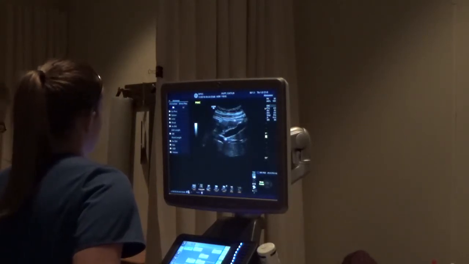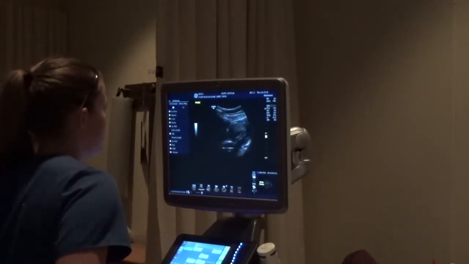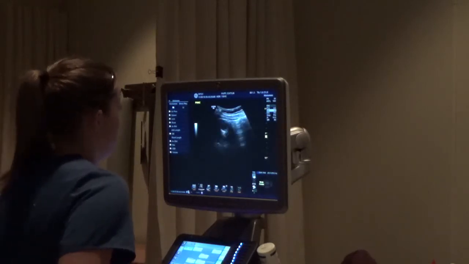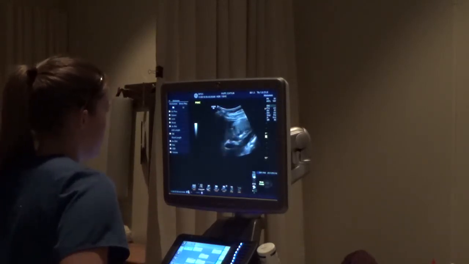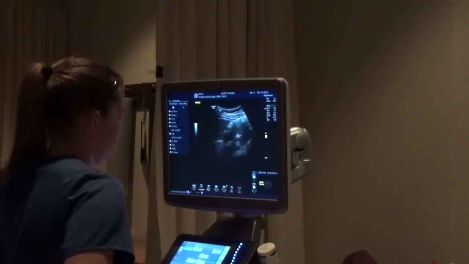Okay. So let's do the common bile duct and just measure that for us, and then store an image of that. Alright, take a big breath in for me.